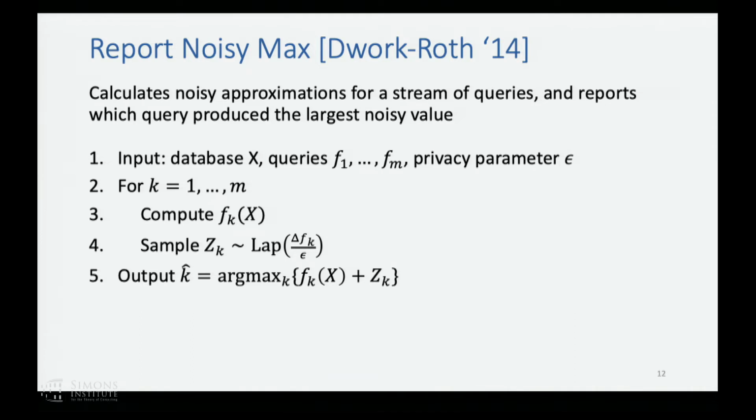And you then just output k hat, a noisy argmax. It's very simple, and the nice thing is that although you possibly have m queries, you don't have to pay in terms of your privacy budget for the fact that you have m queries, because really you just care about one thing, which is the query that has the largest value.